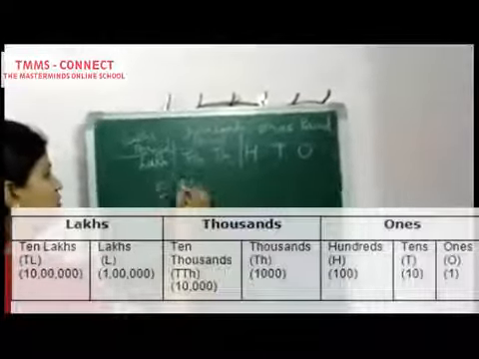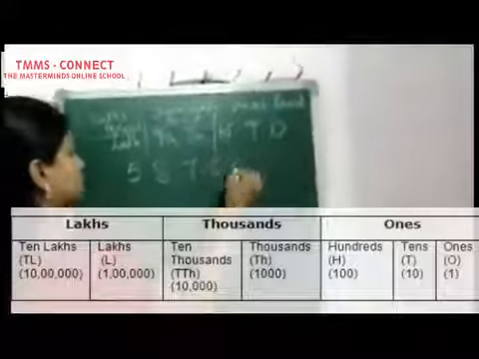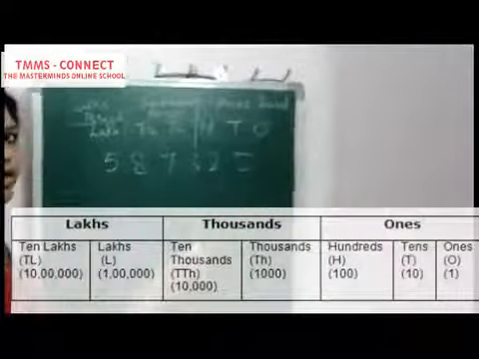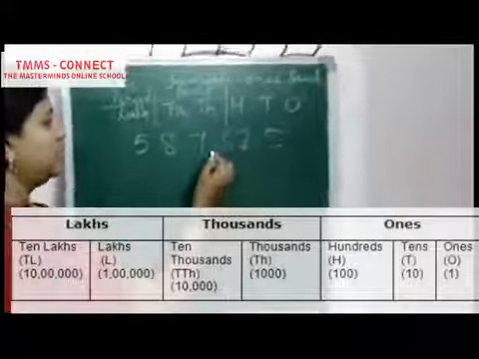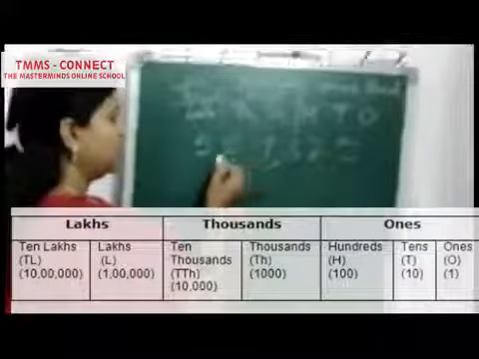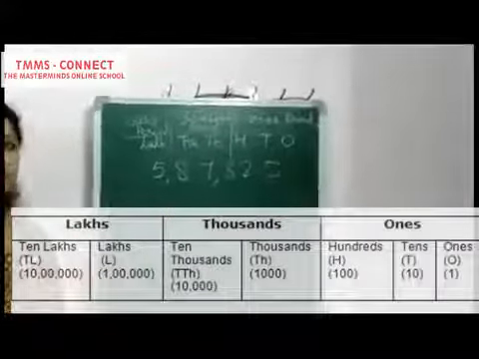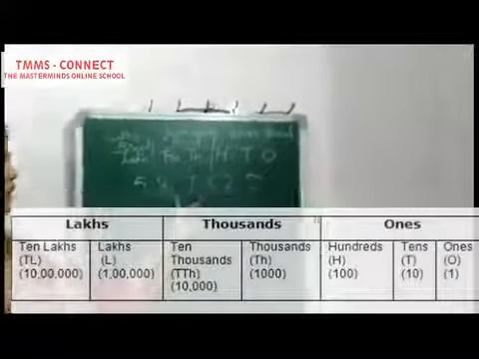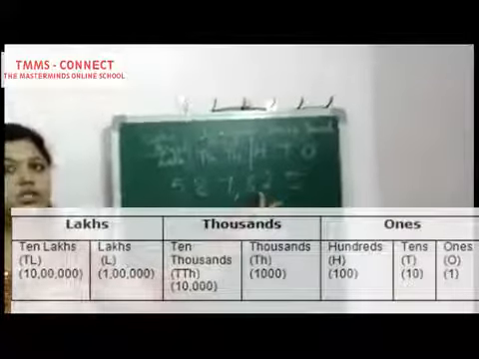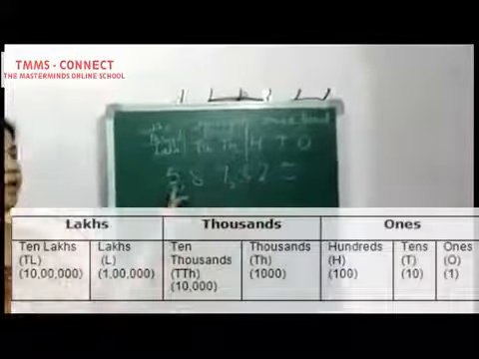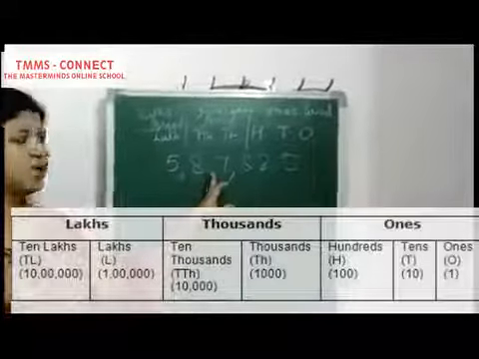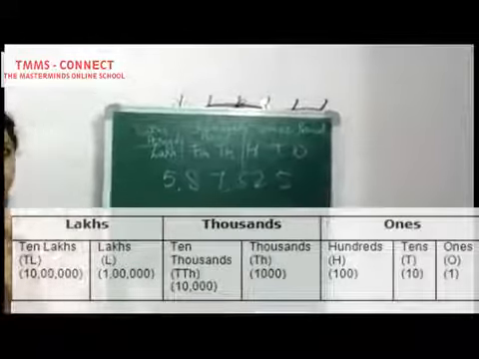Okay, now place the commas: ones, tens, hundred, thousand, 10,000. So we read this number as 5,87,325. Okay, 5,87,325.